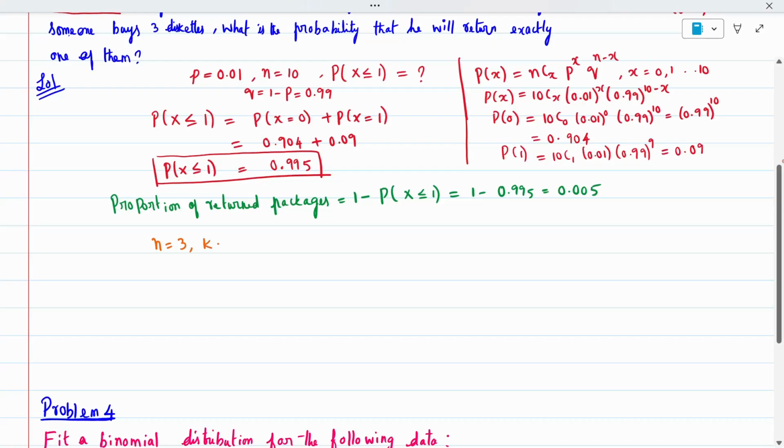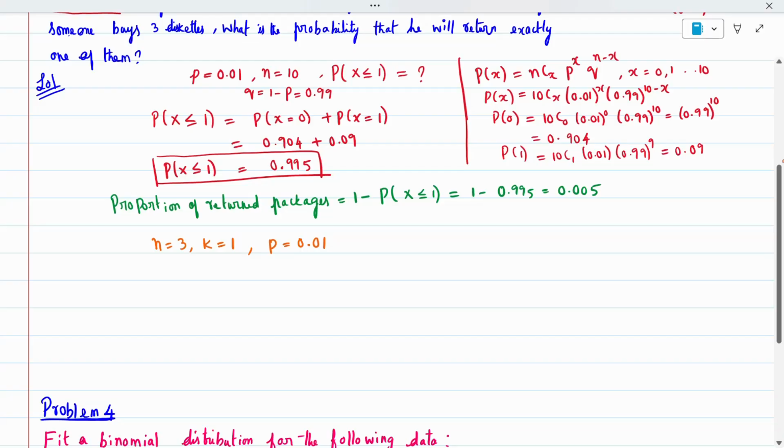Out of that, for the one returned I'm taking some other letter, k, equal to 1, because I already used x and would get confused if I used the same x. The probability is the same, it does not change. Only a new question is asked.